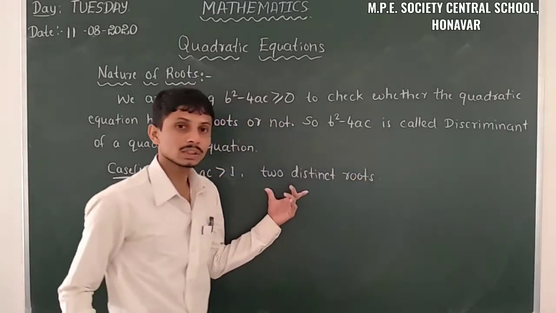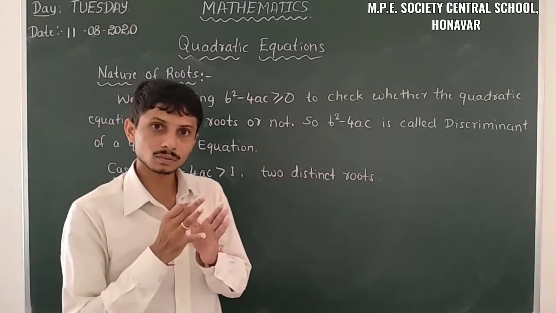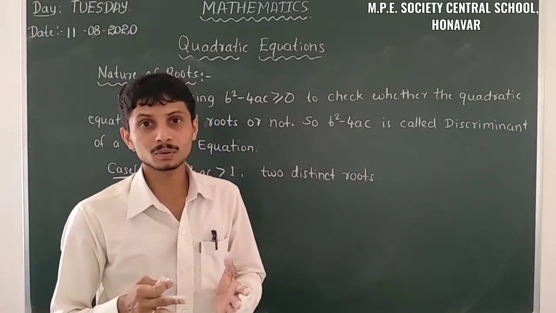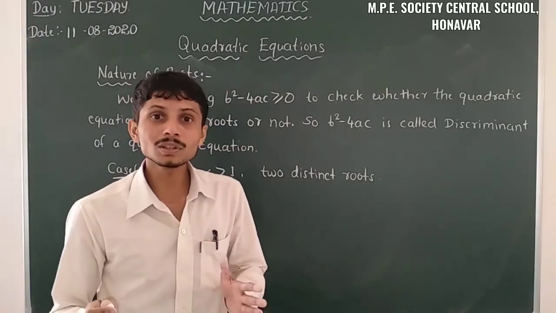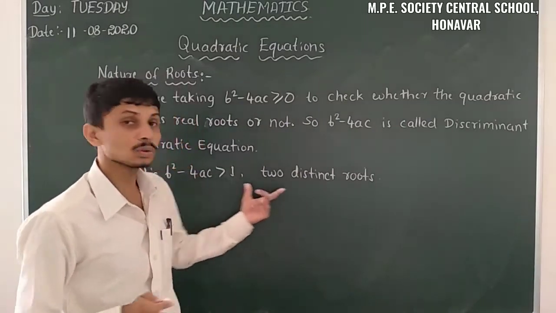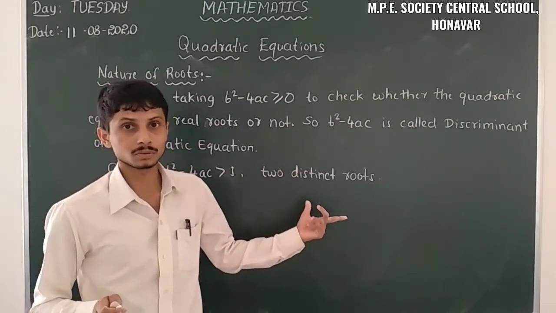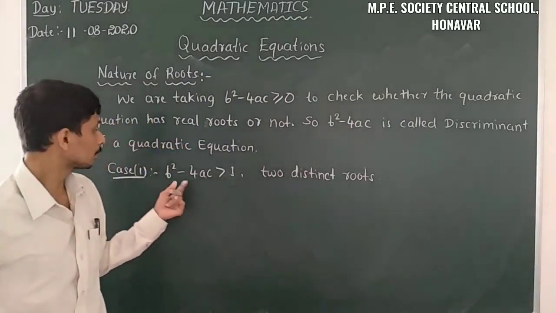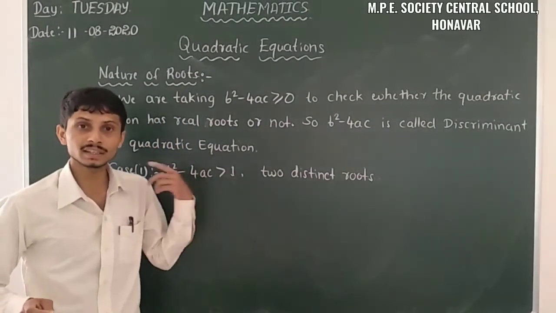Two distinct roots means the roots are completely different. There are two chances of roots of the equation. So the two distinct roots will be available when b square minus 4ac is greater than 0.